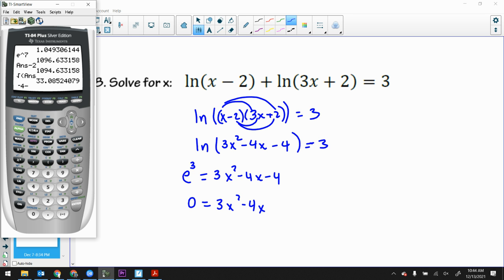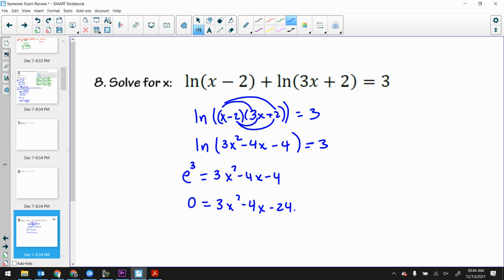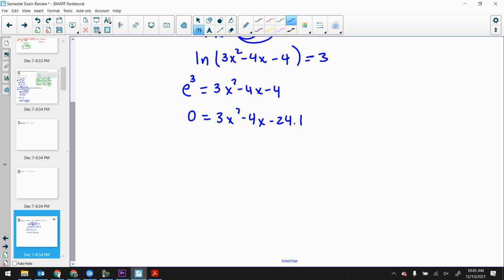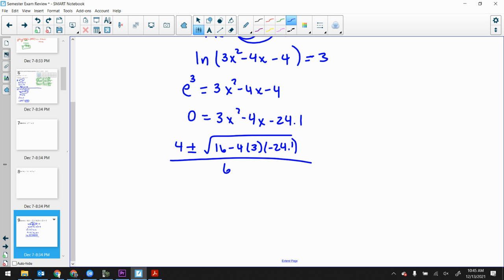minus e to the 3rd, which is negative 24.1, so minus 24.1. And then it looks like I got to do the quadratic formula right here: the opposite of b plus or minus the square root of b squared minus 4ac all over 2a.